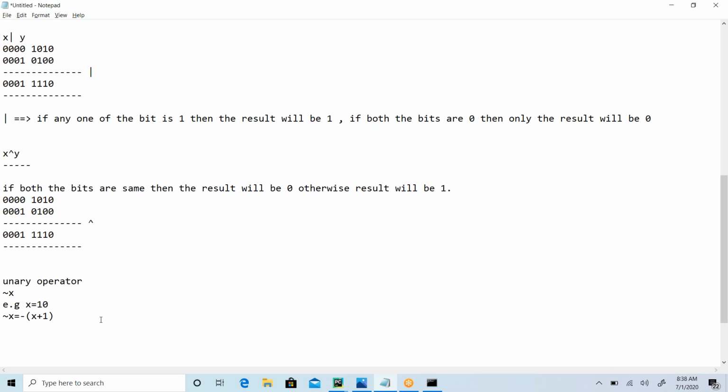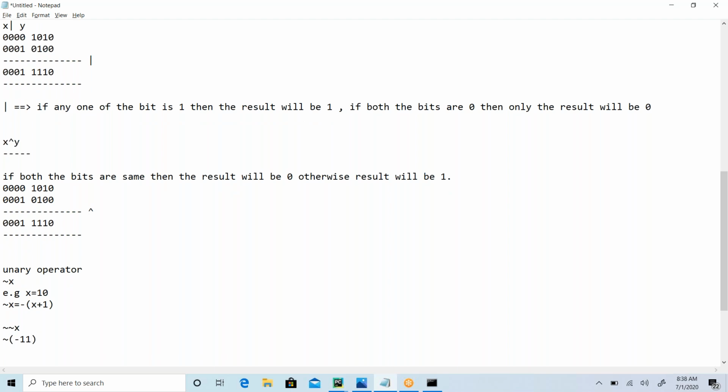In a similar way, I can have double tilde x. Even this we can calculate. This is tilde of x, right? What is the value of tilde of x? Minus 11. So again, tilde of it is something like tilde of x, where the x value is minus 11 now.